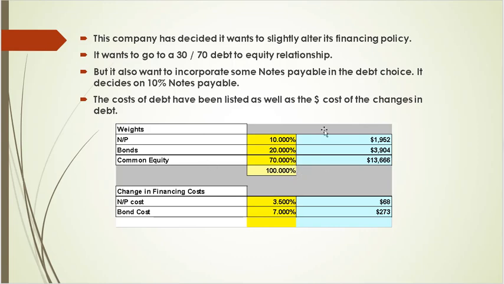So based on that $19,000, this is how it is going to be financed. What are the costs? We need to know what it costs to borrow short term, here about 3.5%, and our bonds cost roughly 7%. So this is our change in interest.